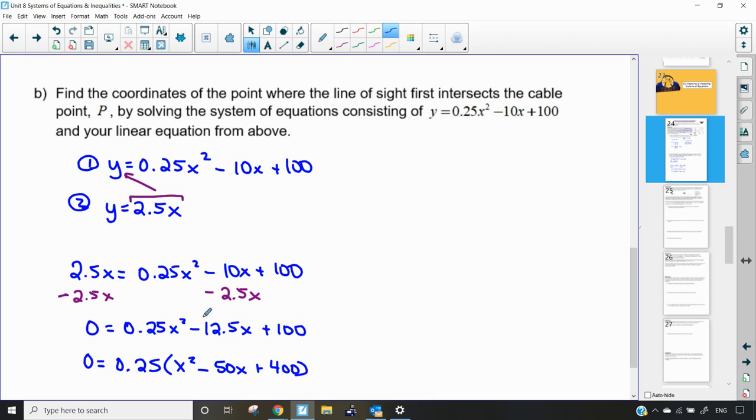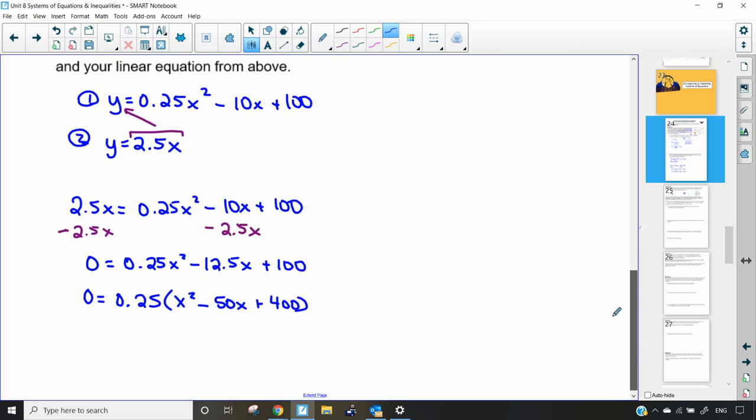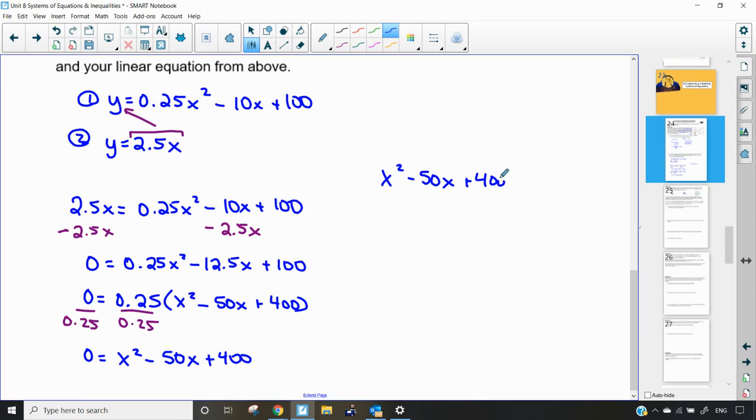So when I take 12.5 and I divide by 0.25, I'm left with 50. Now, when I divide by 0.25 on both sides, that's going to disappear. And that leaves me with 0 equals x squared minus 50x plus 400. So I'm going to rewrite this up here. I've got x squared minus 50x plus 400 equals 0.